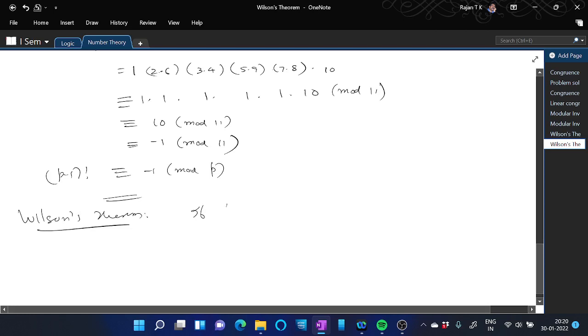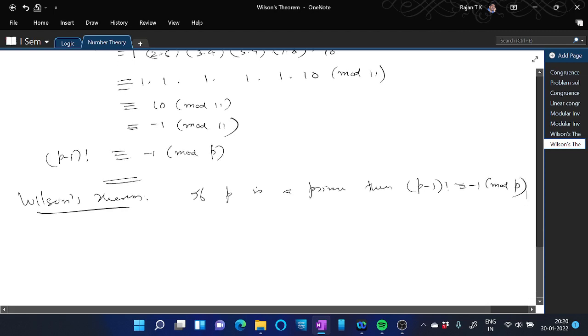Wilson's theorem says that if p is a prime, then p minus 1 factorial is congruent to minus 1 mod p. Let us try to prove this. Let p equal to 2, because that is the only even prime number.